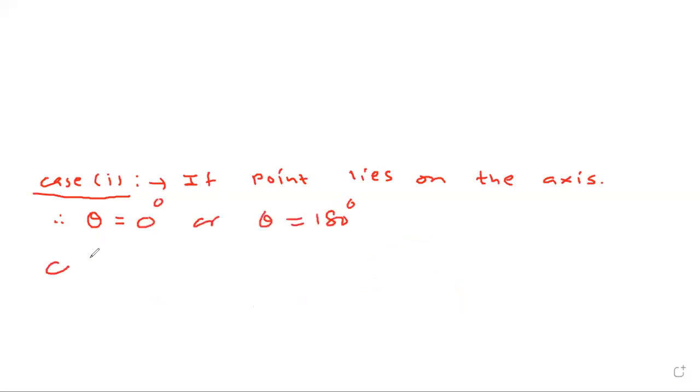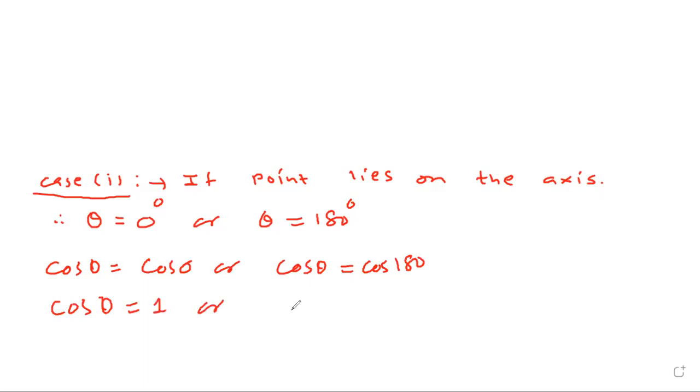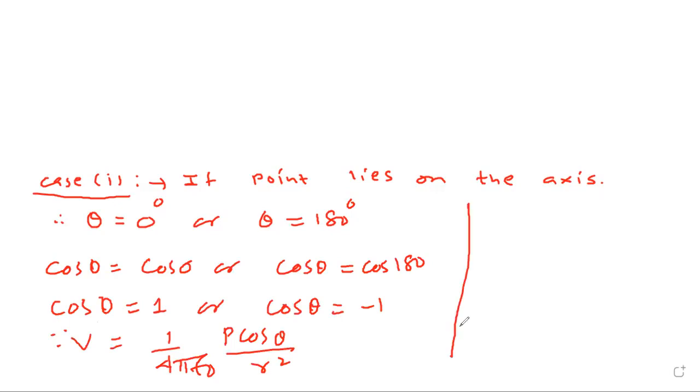So cos theta will be cos of 0 or cos of 180. Cos 0 is 1 and cos 180 is minus 1. So cos theta can be either plus or minus 1. Now V equals 1 upon 4 pi epsilon naught P cos theta upon r square.